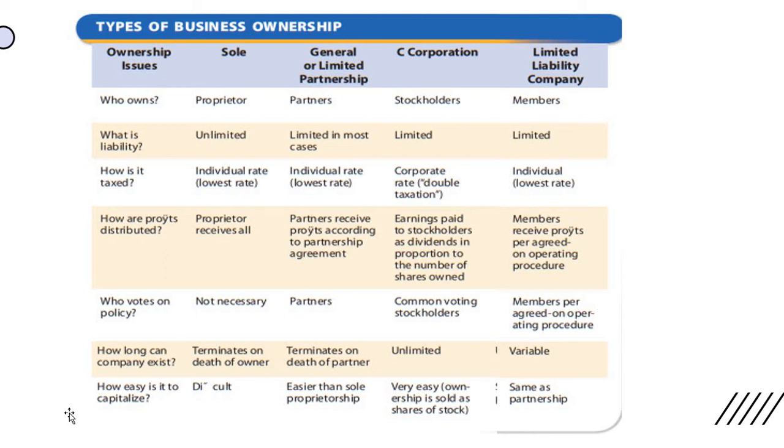And liability, uulitin ko, is the legal obligation of an owner to use personal money and possessions to pay the business debt.